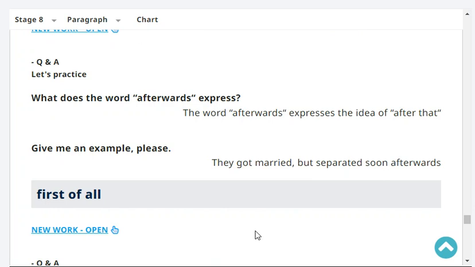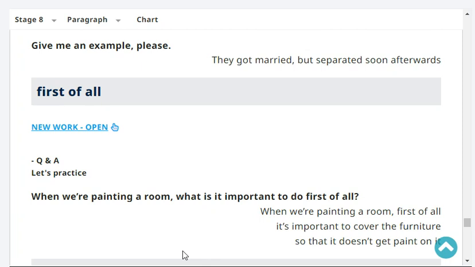They got married but separated soon afterwards. Very good. When we're painting a room, what is it important to do first of all?